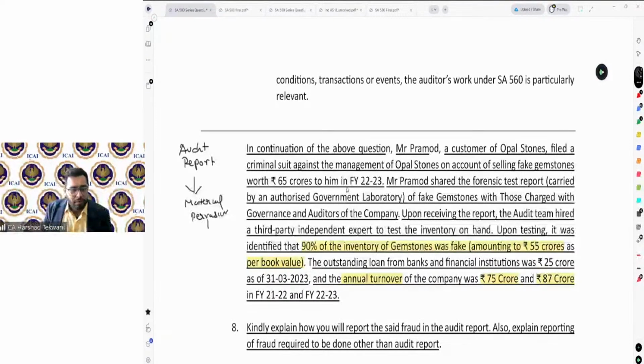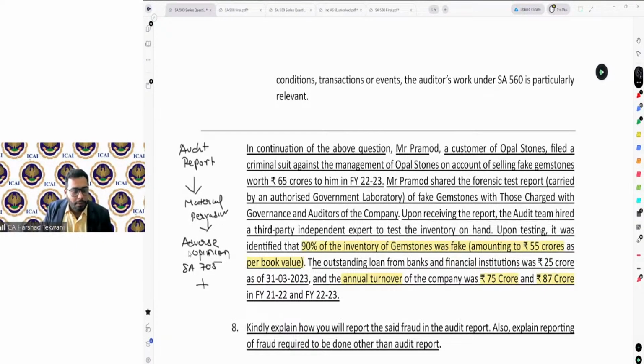If that is the scenario, I will issue an adverse opinion as per SA 705, and I will report this matter in the adverse opinion.